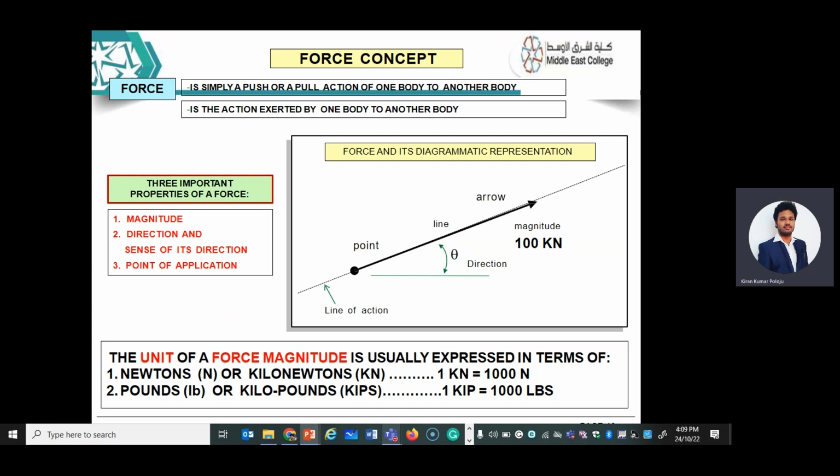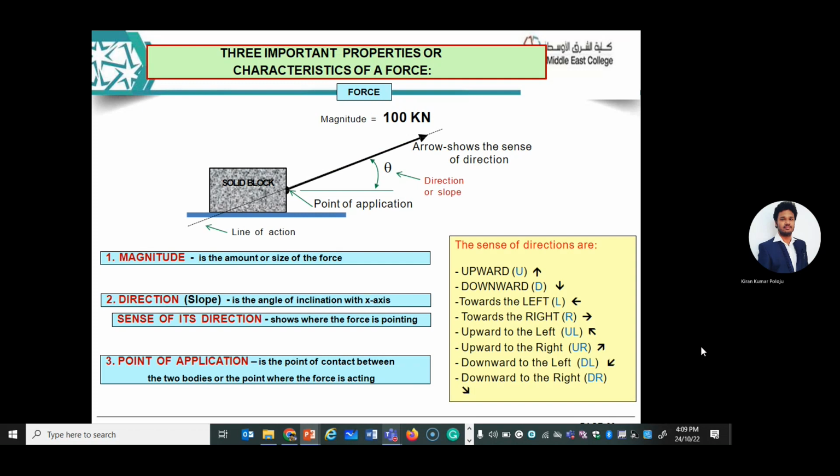The units of force are Newton and kilonewton. Magnitude is the amount or size of the force. As I mentioned, it's 50 or 100 or 1 kilonewton, whatever it is. And the direction is the side the arrow is going. That is called direction. And point of application, where is the point starting?